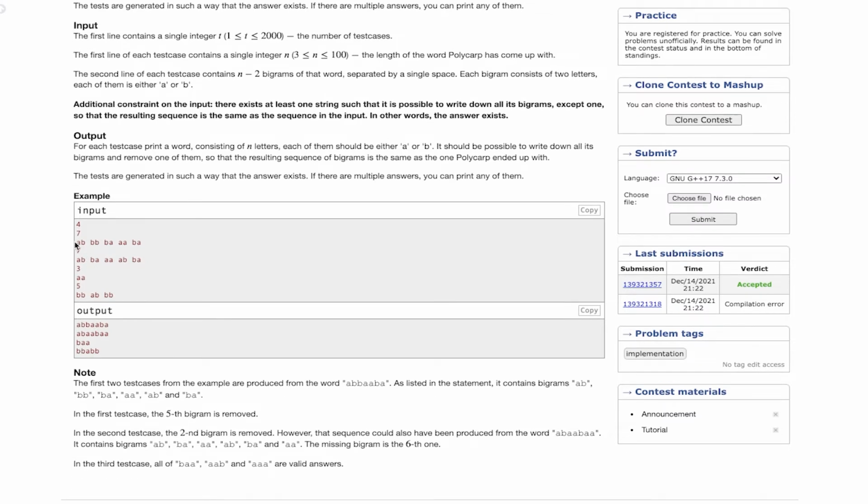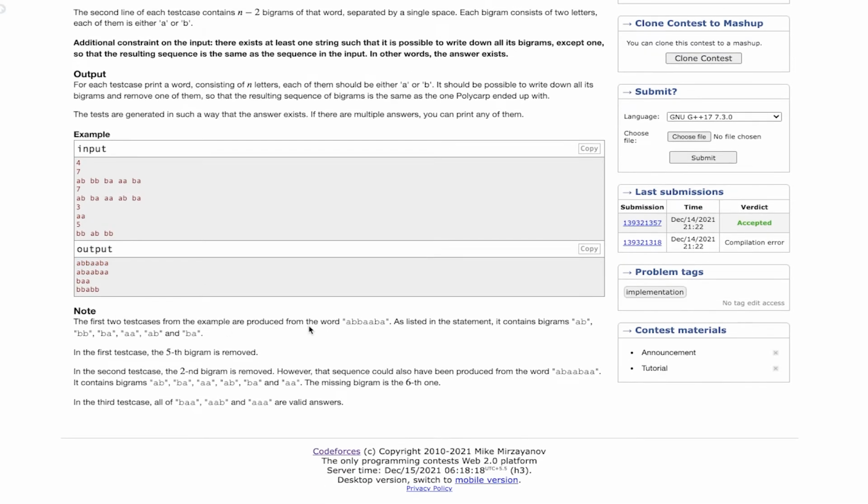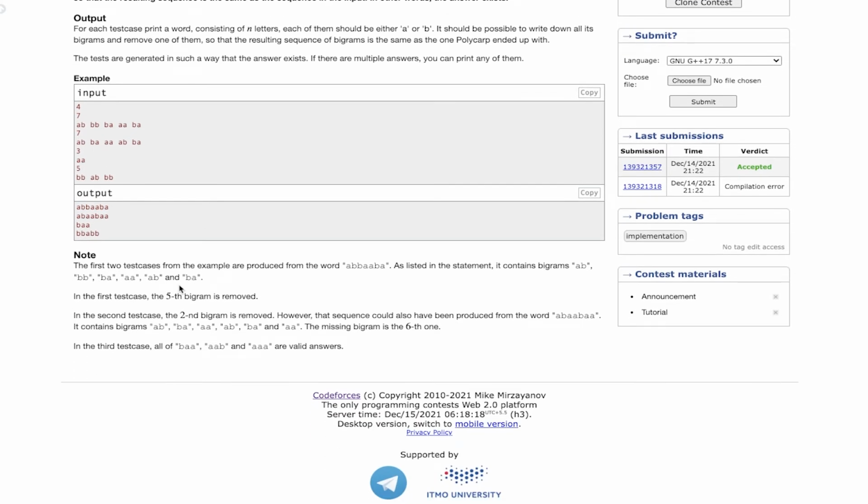So let's see our first example. It is given that the bigrams are AB, BB, BA, AA, BA, and the word is ABBAABA. Now you can see in the explanation part that, as listed in the statement, it contains AB, BB, BA, AA, AB and BA bigrams.